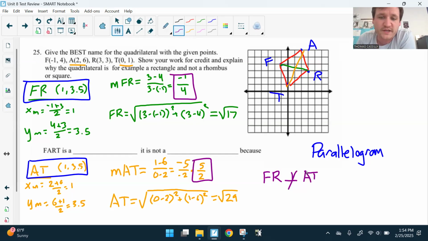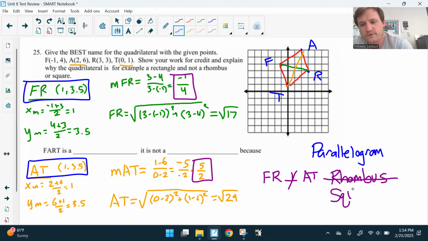I remember perpendicular lines have to have opposite and reciprocal slopes. So since those lines are not perpendicular, we have eliminated the rhombus. So it's not a rhombus. If it's not a rhombus, it can't be a square. So square is out.